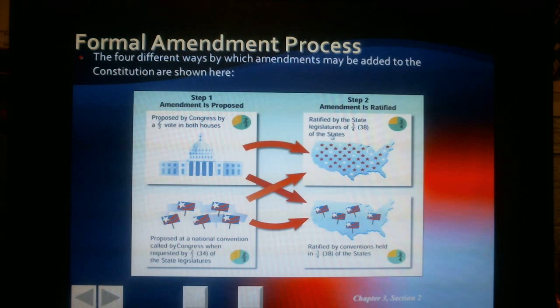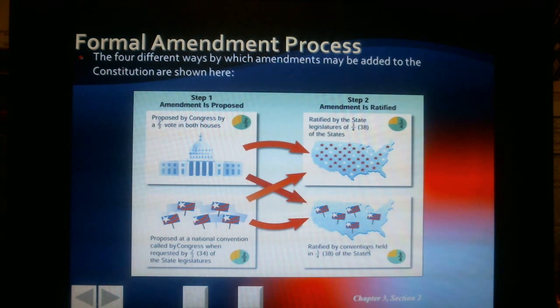It's all down to the states now. Either 3/4 of the state legislatures have to vote and agree on the amendment, or the states will hold conventions in which 3/4 of the states approve the amendment to make it ratified.